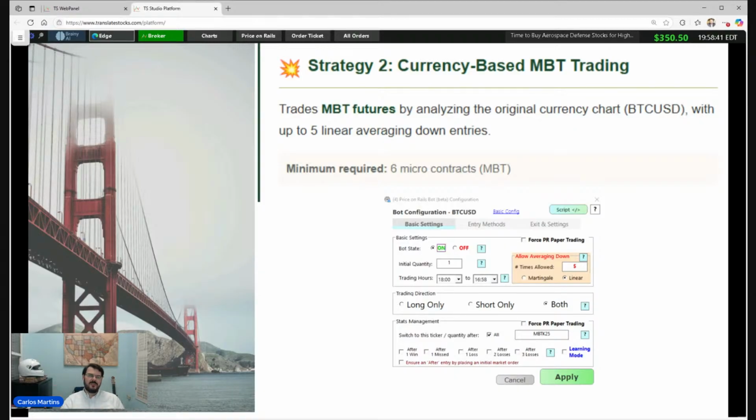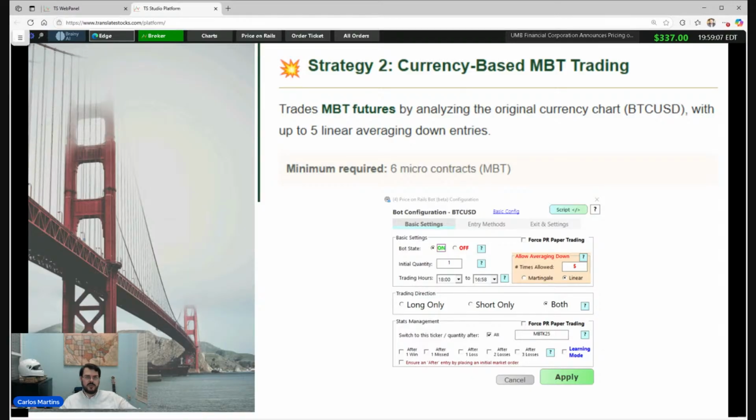So you don't have a lot of volume there, but you have a decent amount of volume with the micro Bitcoin, the MBT futures. So it's the same way, like MBT K25, the same way you have MES M25 or MNQ M25. You have MBT K25. Next week will be MBT M25 because it has the expiration date every last Friday of each month.